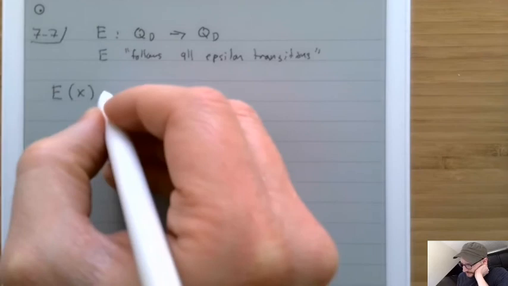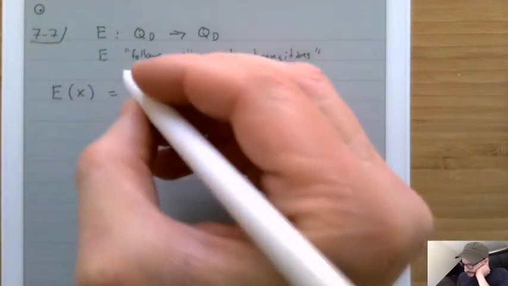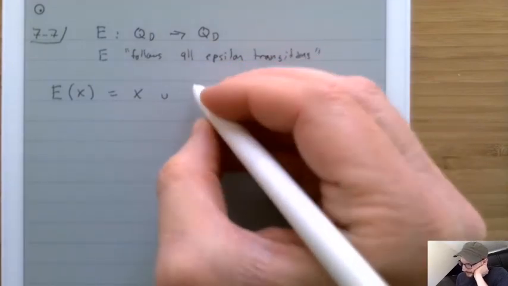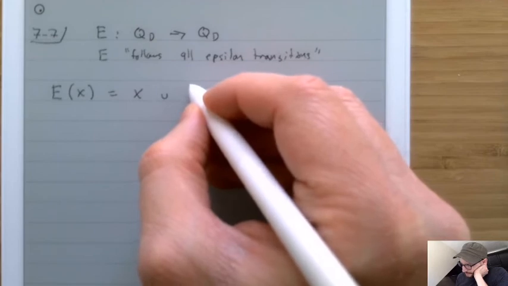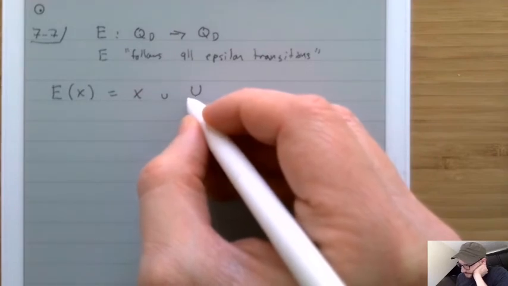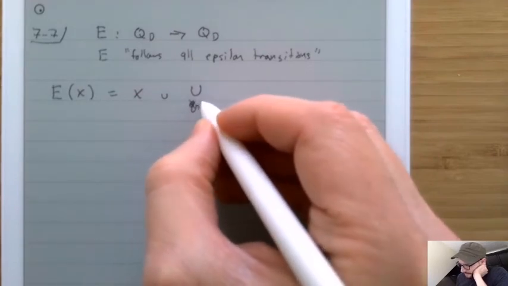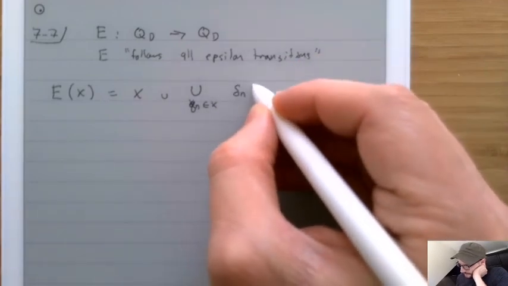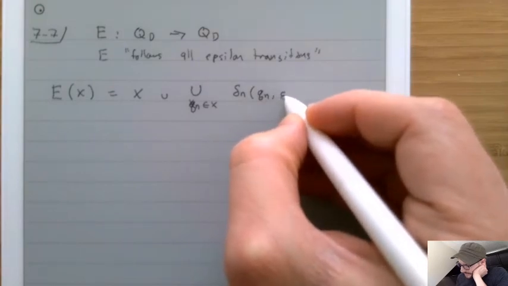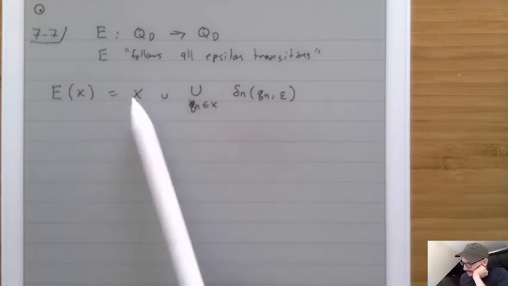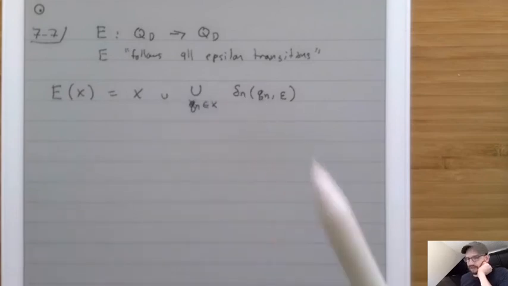Ex would be equal to x unioned with a big union of Qn inside of x, where we call delta n on Qn and epsilon. So the idea here is that we leave everything there, x, and then we add in calling epsilon at each element.